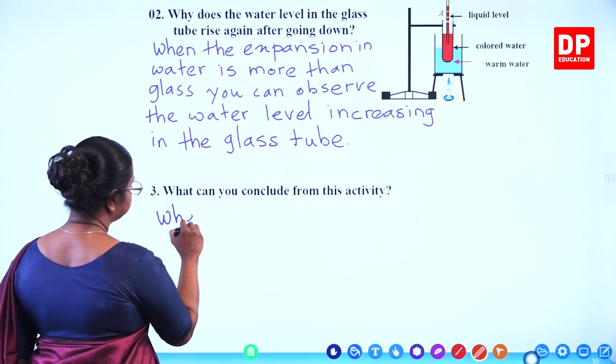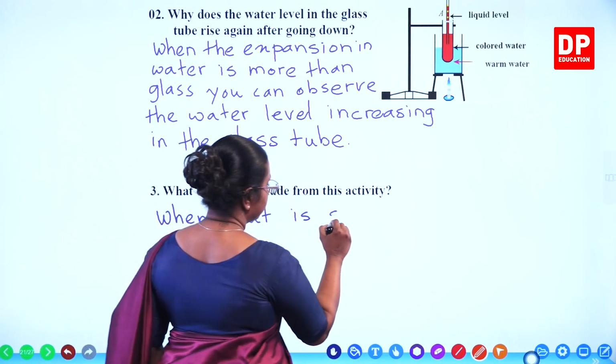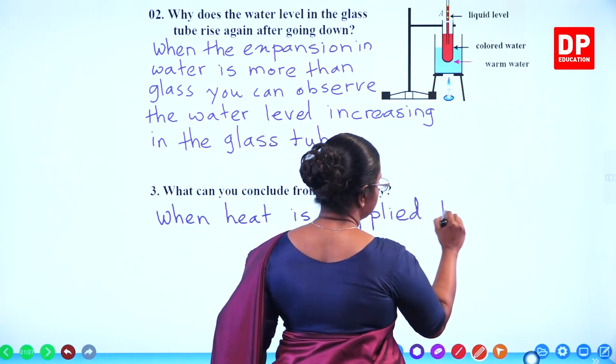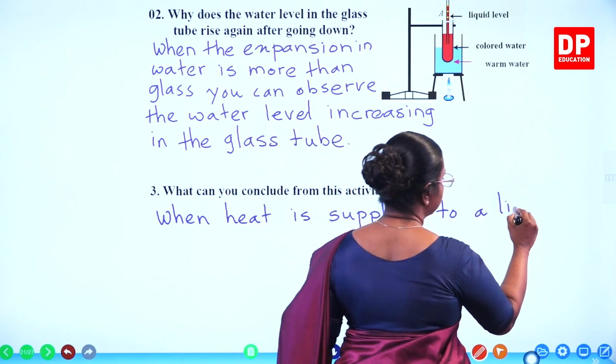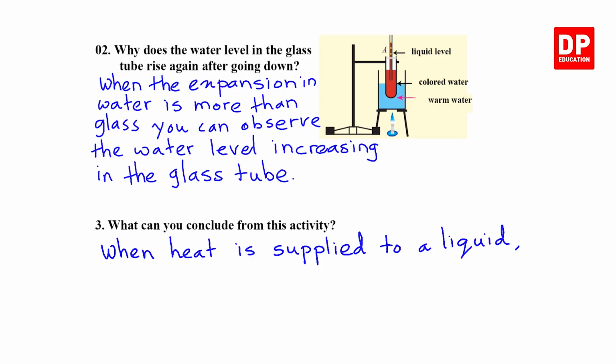When heat is supplied to a liquid, it undergoes thermal expansion.